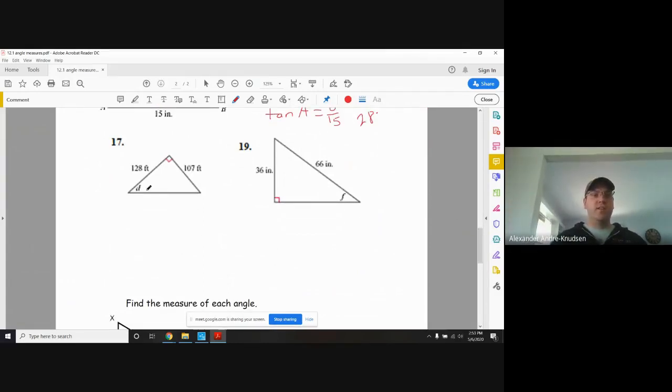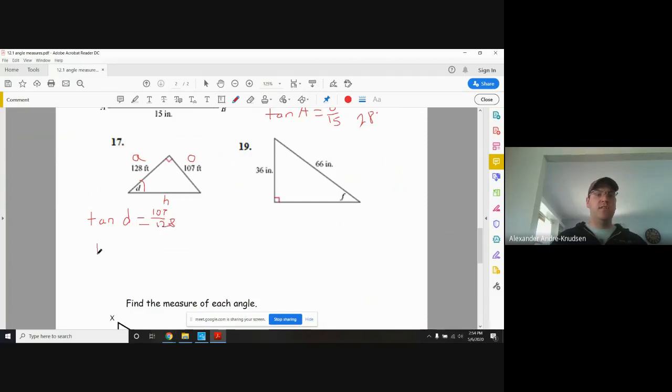So let's find this one, angle D. What did they give us for angle D? Well, the tangent of angle D, I know it's tangent because this is our opposite, and this is the adjacent, and this is the hypotenuse across from our 90-degree angle. So since we have opposite and adjacent, we're going to use tangent and get opposite over adjacent.